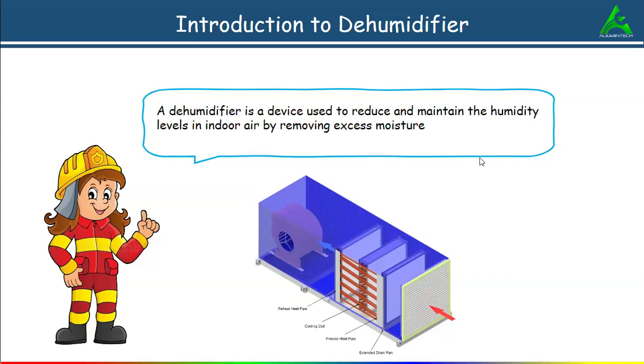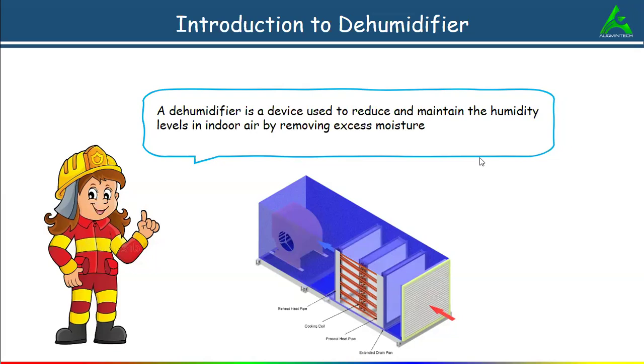So when is dehumidification used, especially after the coil? As per the standard for human comfort, relative humidity is 50% and 22 degrees Celsius temperature is comfortable.